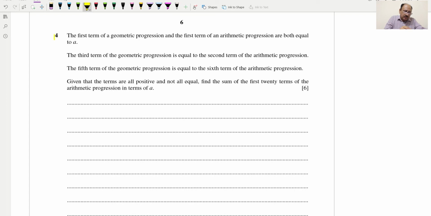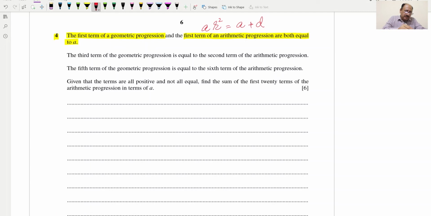a sequences question. The first term of a geometric progression and the first term of arithmetic progression are both equal to a. So both equal to, so what we can do, first term of geometric progression, we can write a r squared and equal to first term of arithmetic progression, so it will be a plus d.